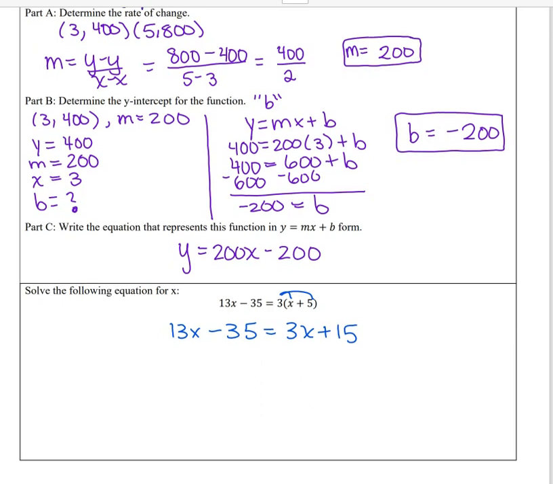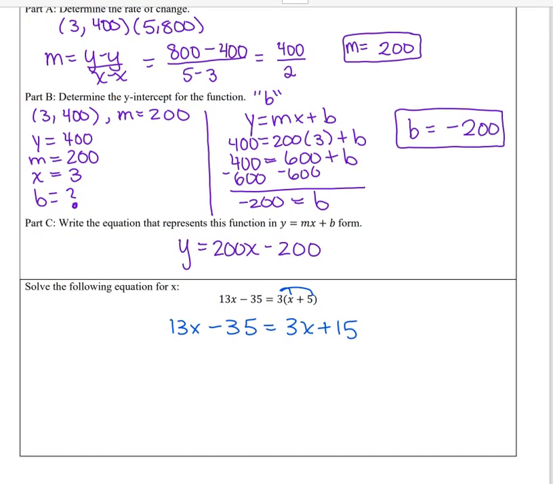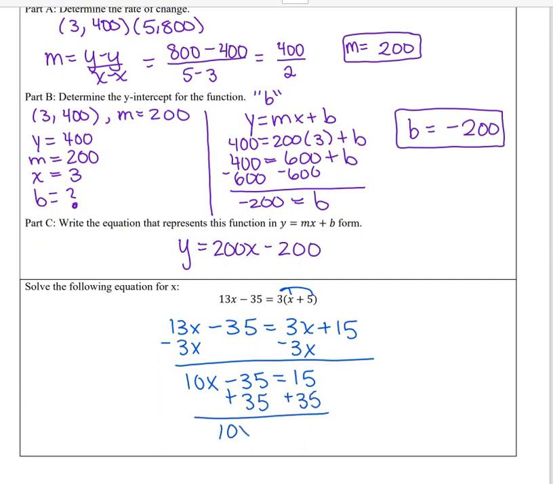Now I have variables on both sides, so I'm going to bring over this 3x by subtracting it because it's the inverse operation. 13 minus 3 is 10x minus 35 equals 15. Now I add over the 35 to bring my constants to the other side, and I have 10x equals 50. To get rid of the 10 that's being multiplied, I divide out, and we get x equals 5.